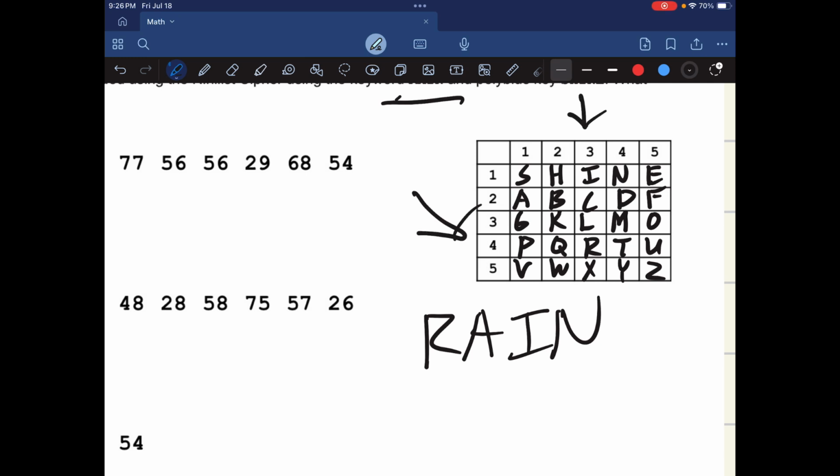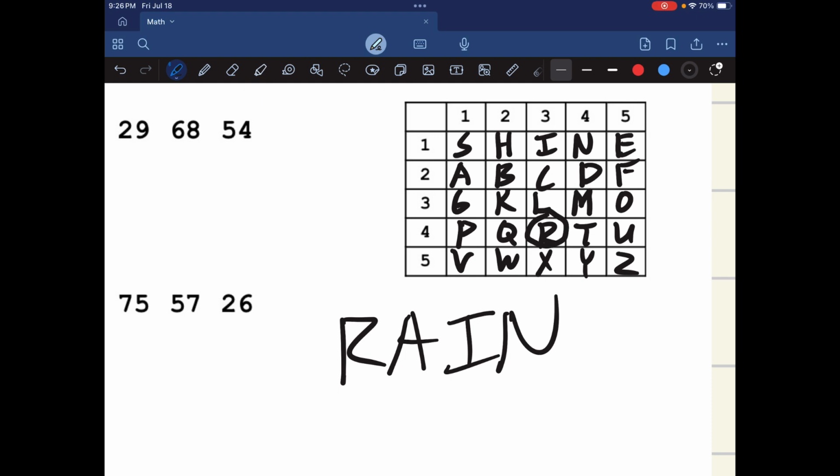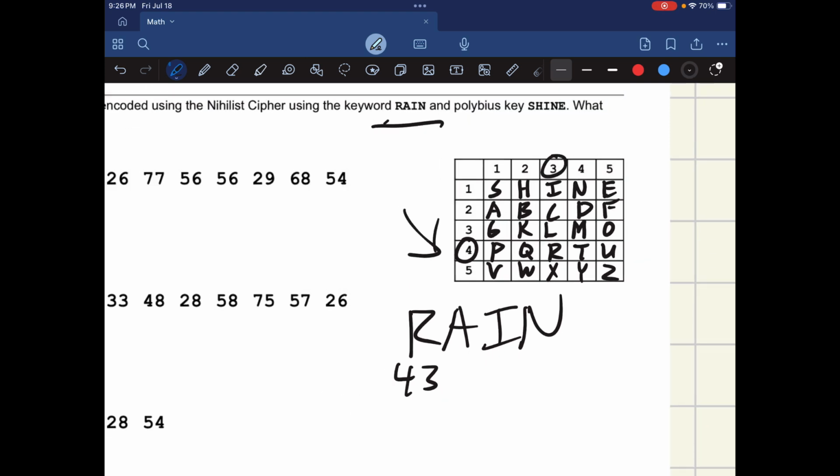So what I mean, basically, is let's say we take the letter R. The letter R is right here. This would correspond to the number 43. We start from the left side, and then the ones digit is on the top. So R corresponds to 43.